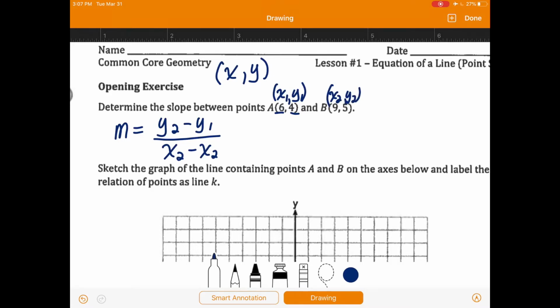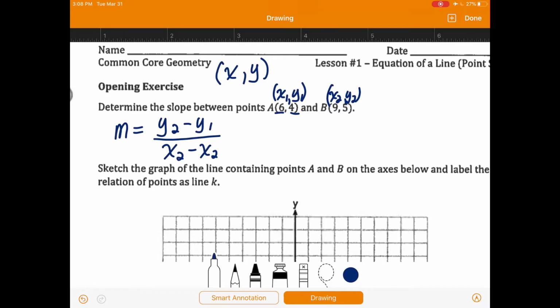So 9 is x2 and 5 is y2. You can have this whole thing swapped if you want to, and have 6, 4 be x2, y2, and have 9, 5 be x1, y1, but you can't mix and match. So what I mean by that is you can't have x1 and then y2 together. That doesn't work. And you also can't have 2 x's together and 2 y's together for your points, because the first one has to be an x value and the second one has to be a y value.